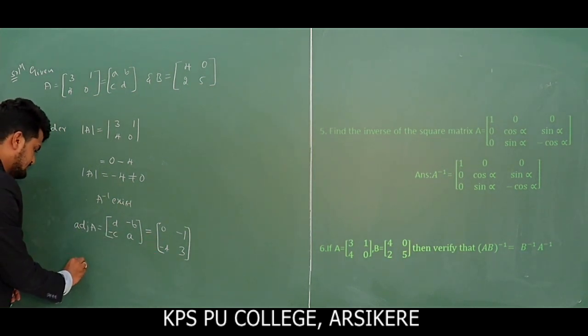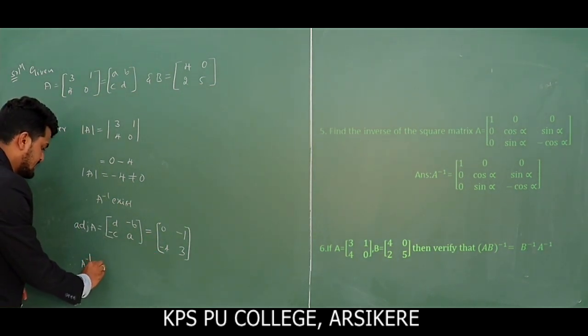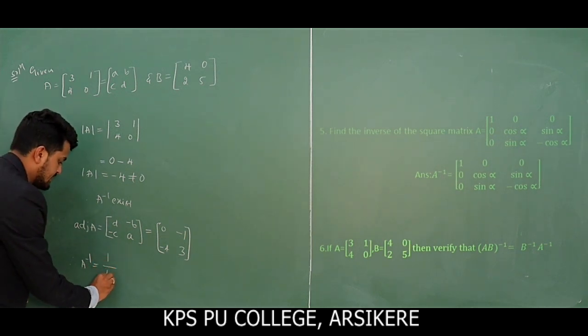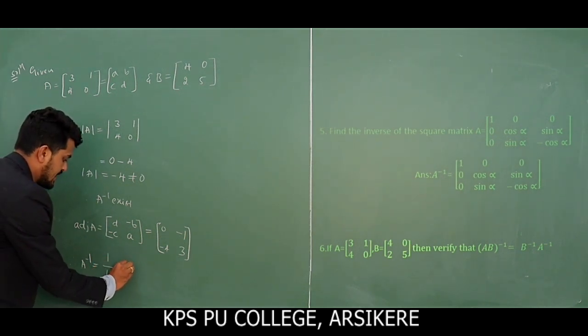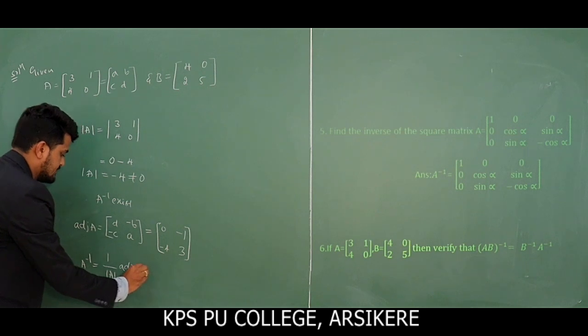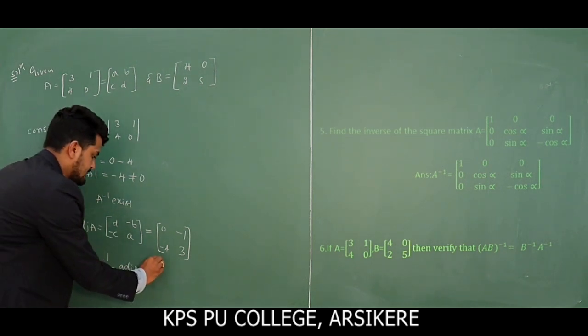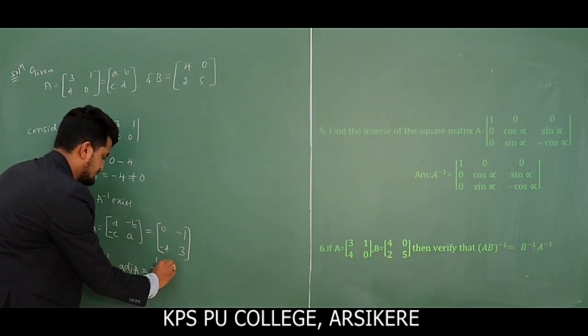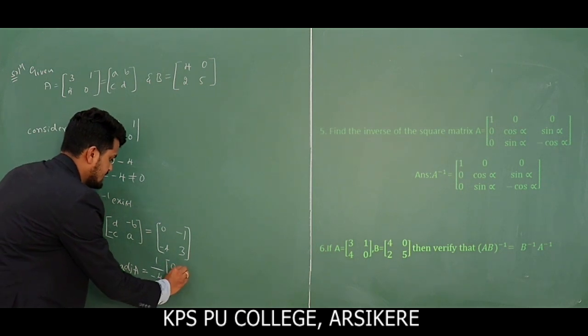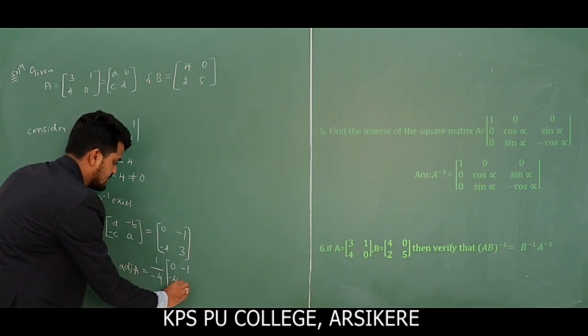So clearly you can say that A inverse is equal to 1 divided by determinant of A into adjoint A. So 1 divided by minus 4 into adjoint A: 0, minus 1, minus 4, 3.